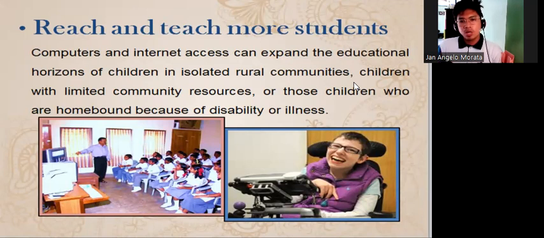Instead of buying dictionary, you can have application of dictionary, the software application. Instead of buying a calculator, meron na tayong calculator sa ating mga handheld computers. Sa ating mga special child na nasa bahay lang, through computer and internet, they can attend classes, interact, and learn. And hindi lang limited sa four corners of our classrooms ang teaching and learning process.